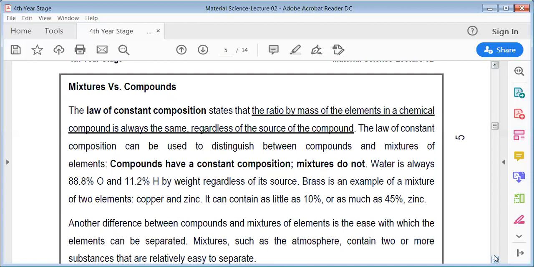So the law of constant composition can be used to distinguish between compounds and mixtures. A mixture has no certain composition, it could be any composition. For example, seawater is a mixture of water and different salts.